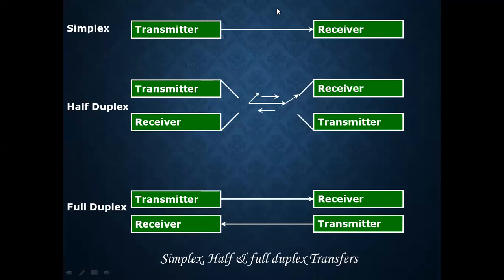In the FM radio, you are just listening to the programs happening at the FM radio station. So you are the receiver, and the radio station from where the program has been transmitted is the transmitter.